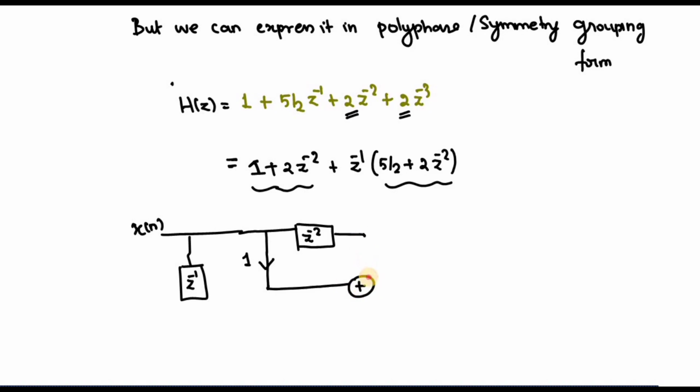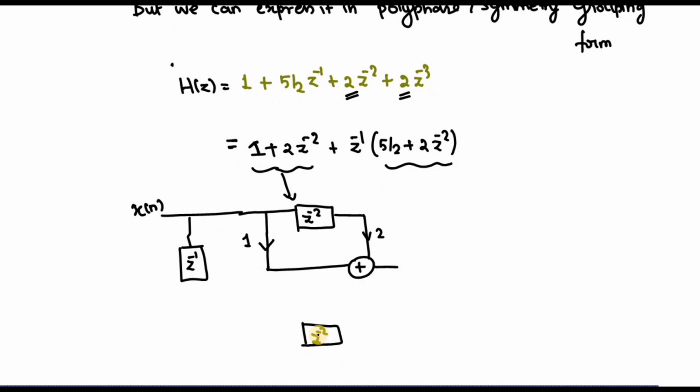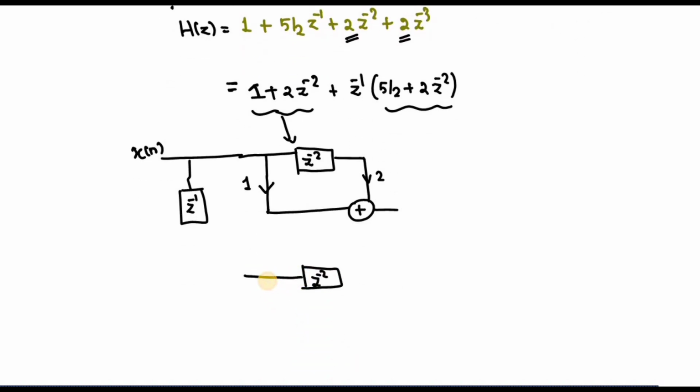So here you can see always you must have the z power minus 2 term only. In a similar way I can draw the 5 by 2 plus 2 into z power minus 2 like this, right? So here the coefficient values are 5 by 2 and 2. So you can write this is 2 and this is 5 by 2, right?